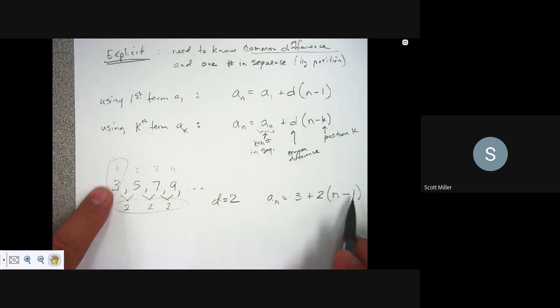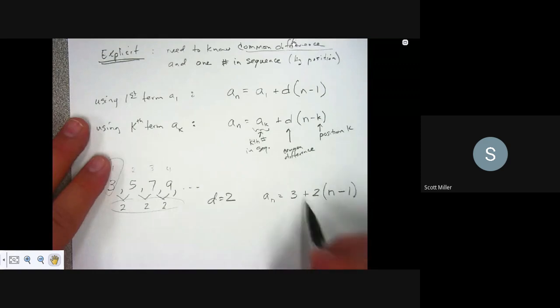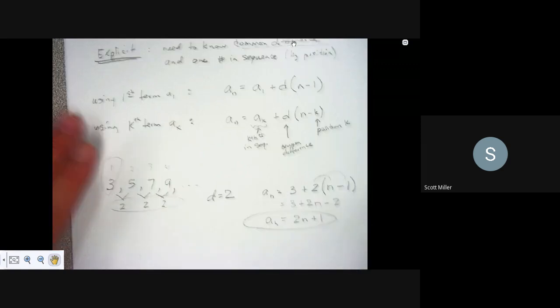If I work this out, I get 3 plus 2 times n minus 2, because I have to distribute this 2 multiplying to each of these numbers. Combining these two like terms right here gives me 2n. 3 minus 2 is plus 1, and that is my rule for that sequence.